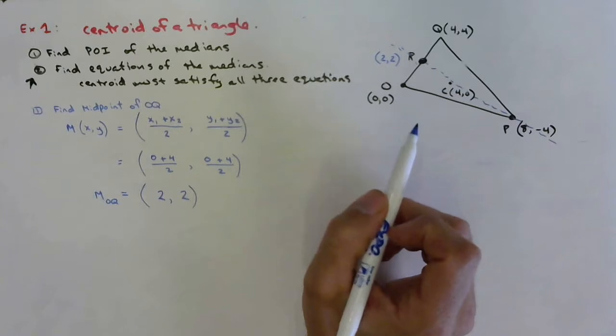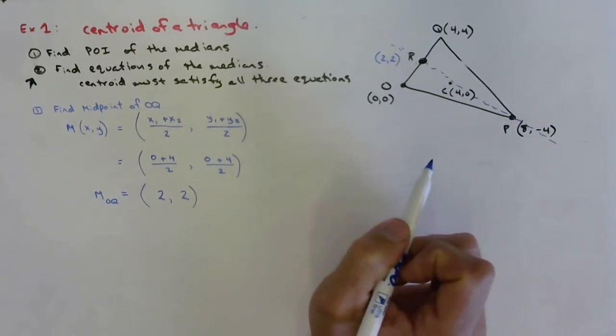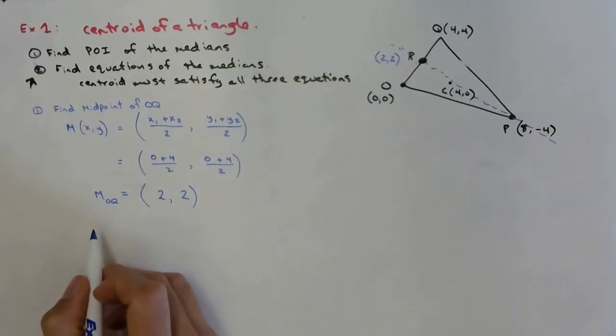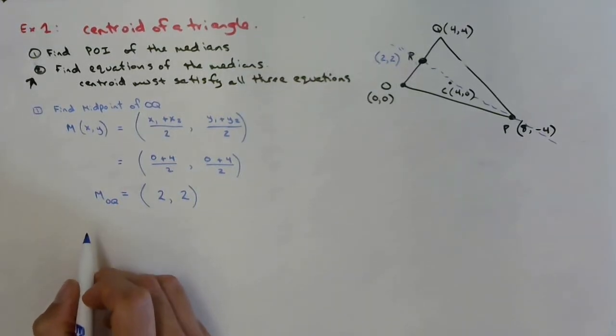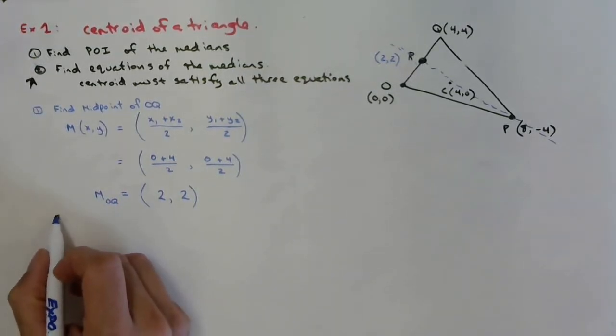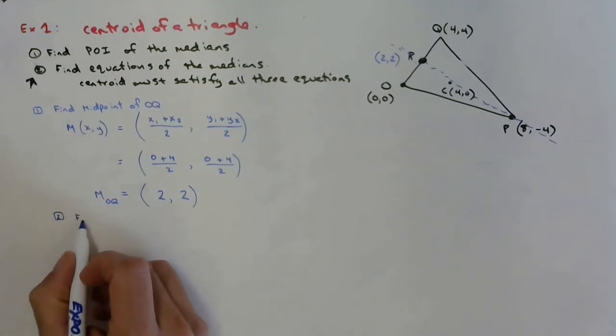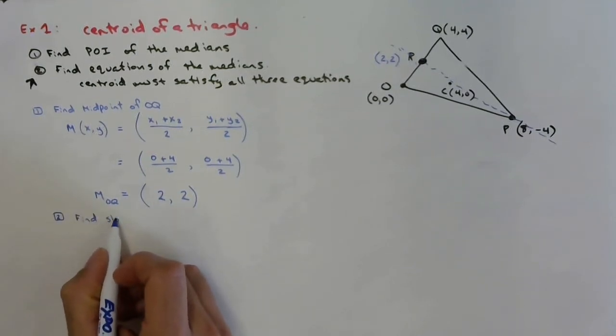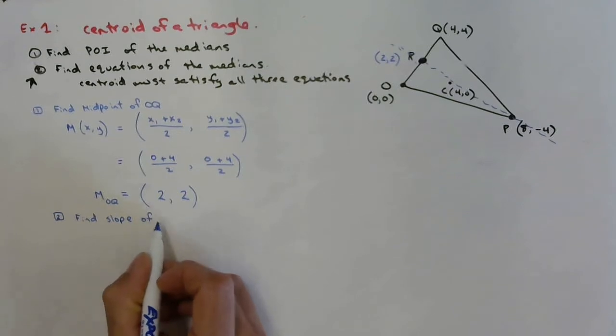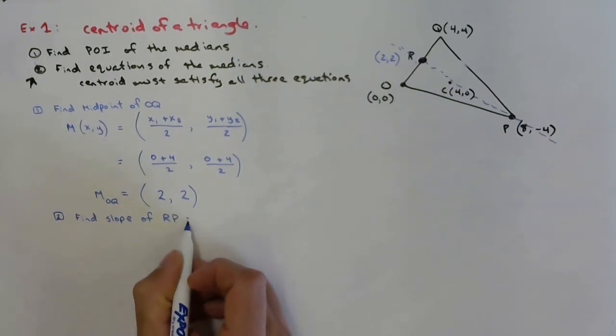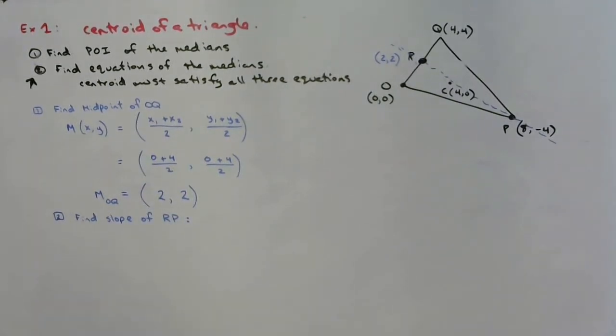What are the parts of an equation? Well, you need to find the slope. Okay, so next step is find the slope. Step 2. Find slope of RP.